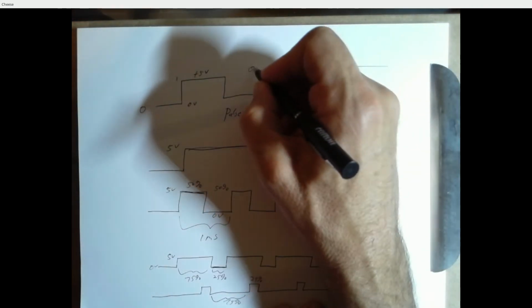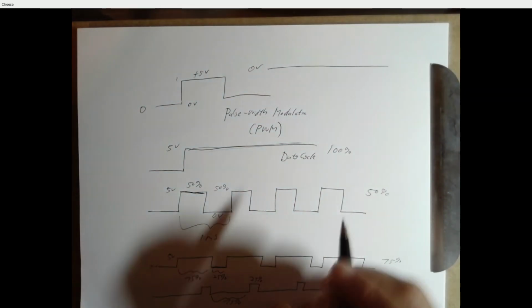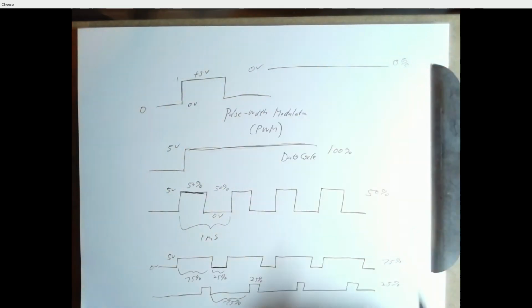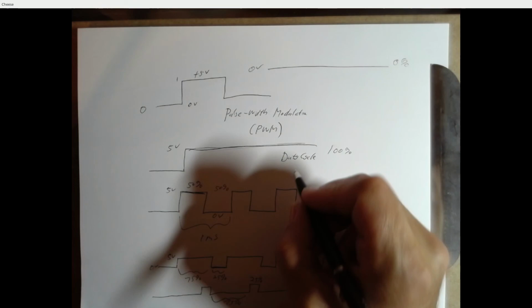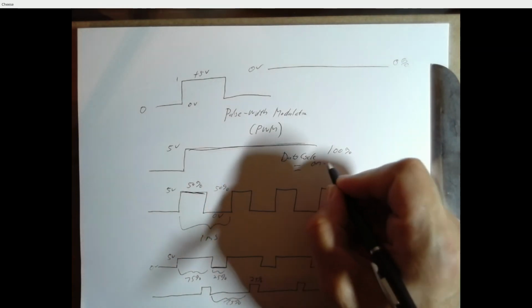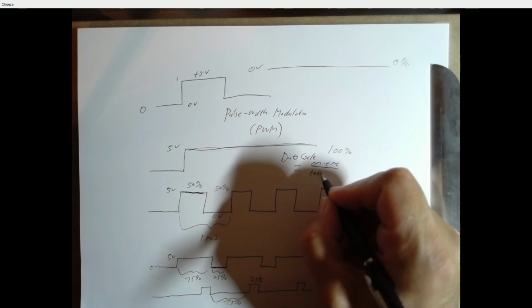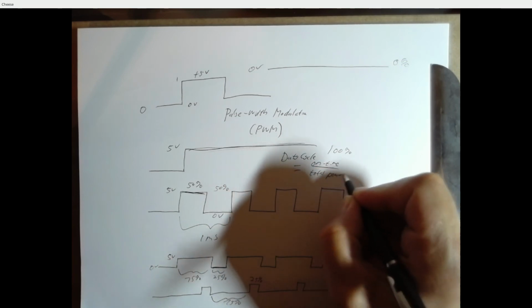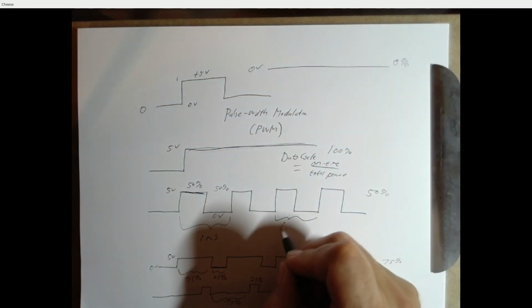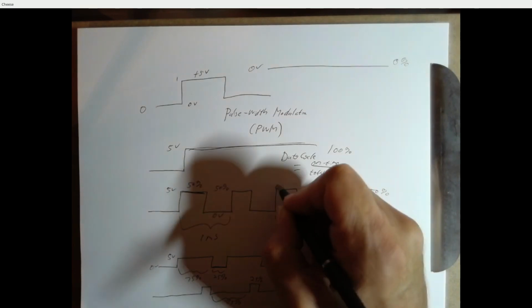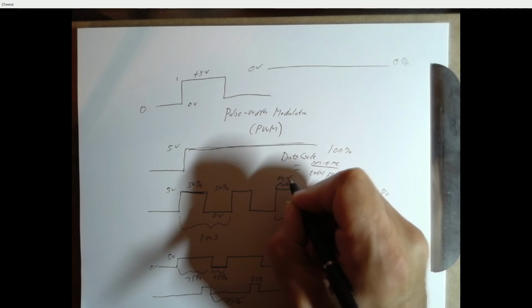And if the motor is completely off, if it's always at 0 volts, that's 0%. So duty cycle is on time over the total period. So this is the total period, and this is the on time.